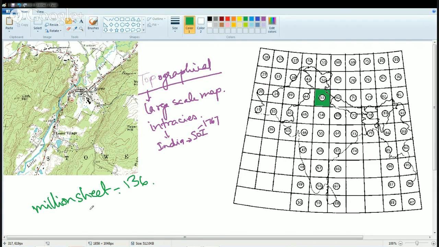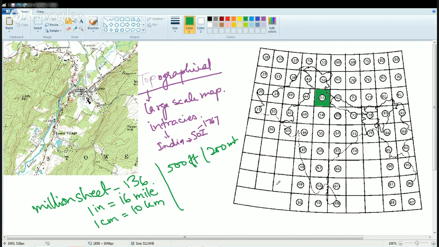On each sheet, if I calculate it on paper, 1 inch would be equal to 16 miles, or 1 centimeter would be equal to 10 kilometers on Earth. When we try to understand the contours of this million sheet, it would be in terms of either 500 feet or 200 meters of contour. So this is the first concept of the million sheet.